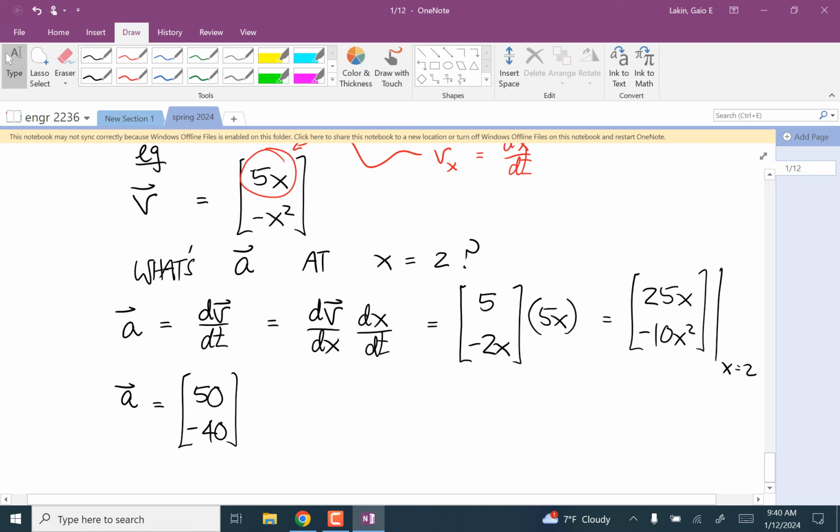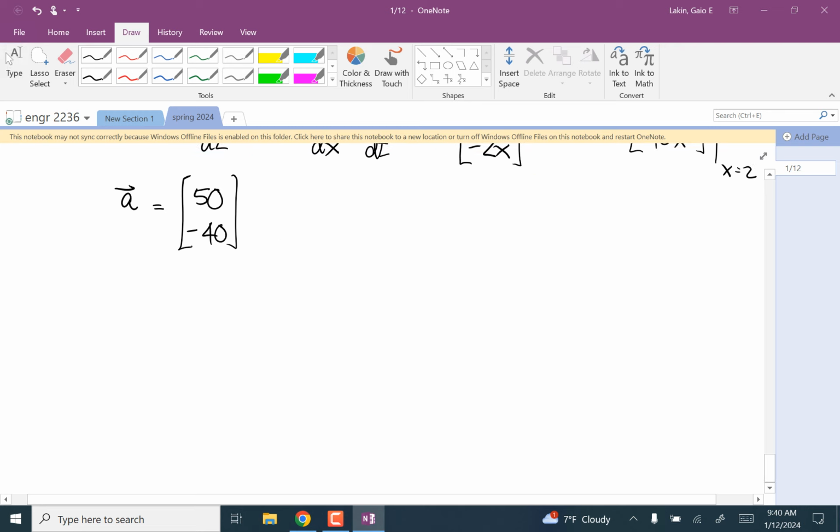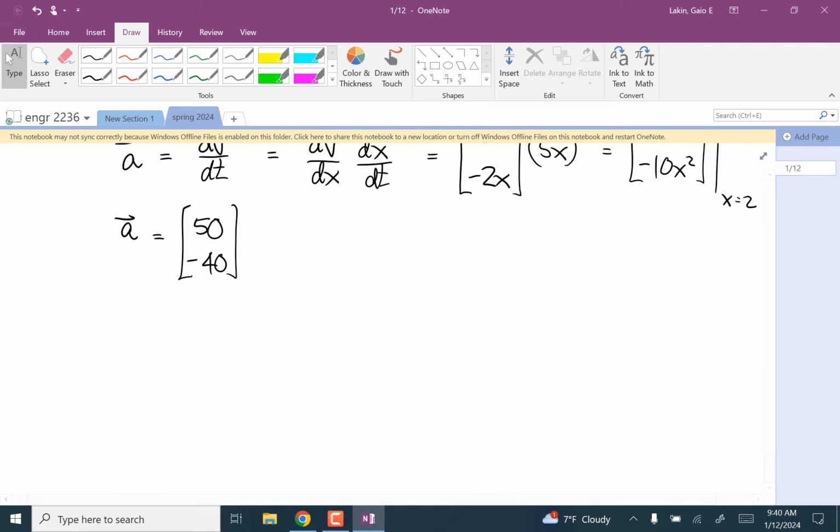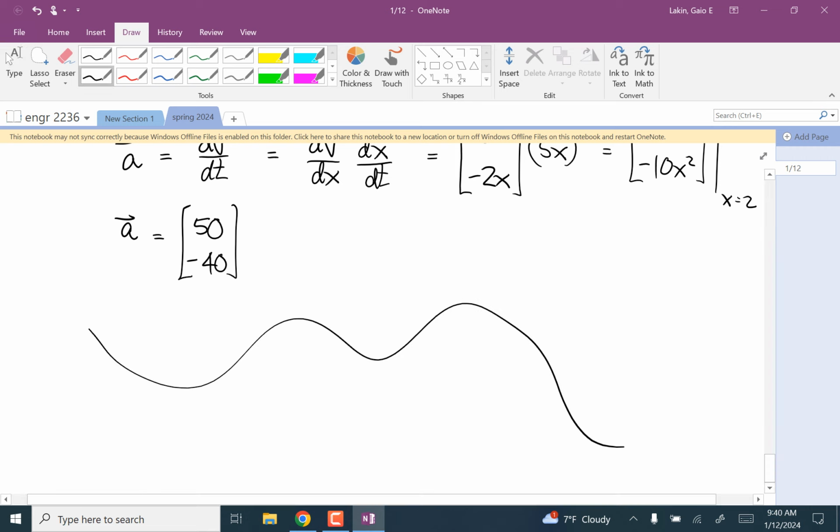The coordinates for your acceleration are representing a vector going from 50 on the x-axis to -40 on the y-axis? That's right. This object's moving through space, following some path, and this is saying when it's here, well, it wouldn't be there, I guess. Where would this maybe be plausible?